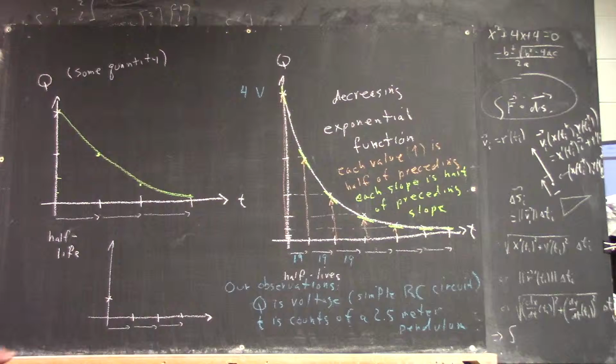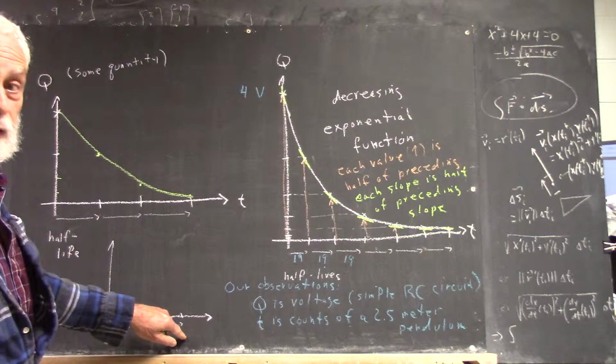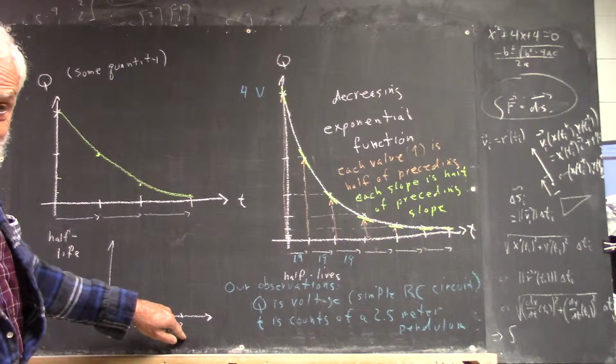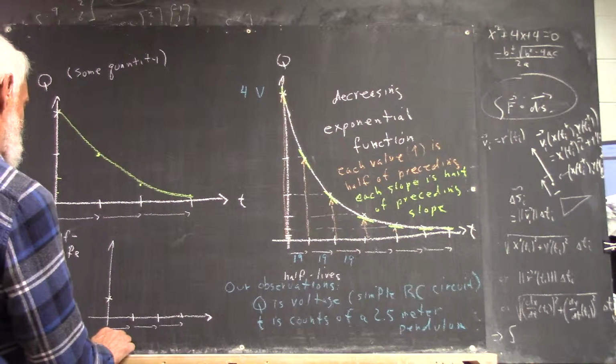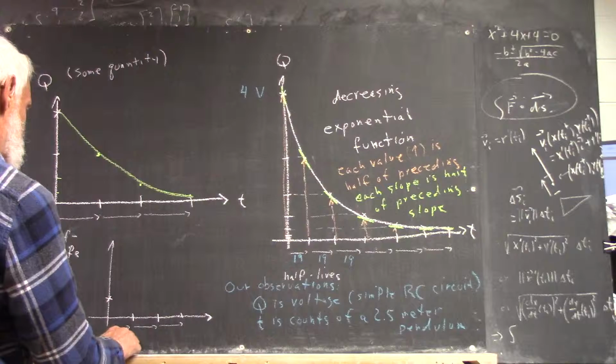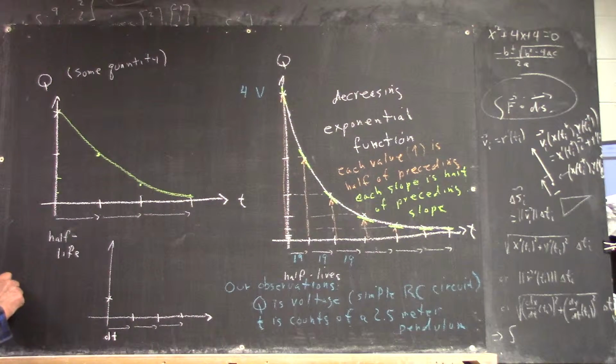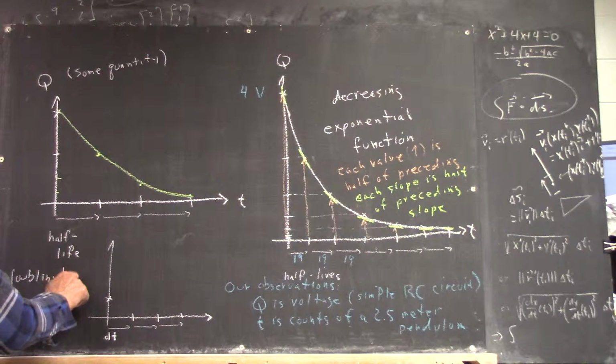Because what happens is, this is no longer half-life, this is doubling time. What would this be called? Compound interest.